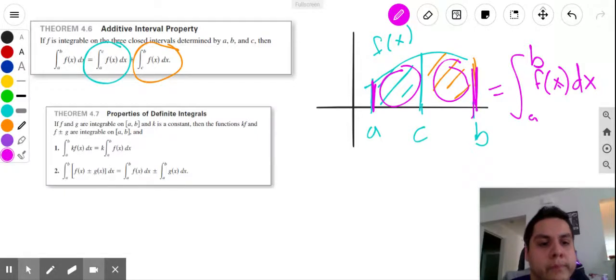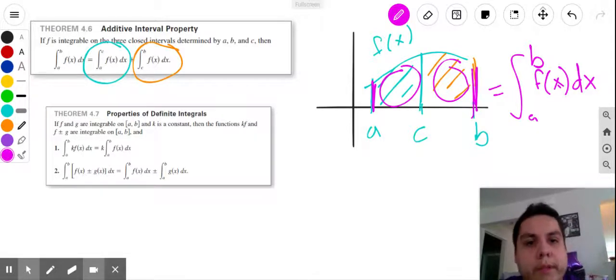Okay. So that's theorem 4.6. If I talk about 4.7, it's just two more.